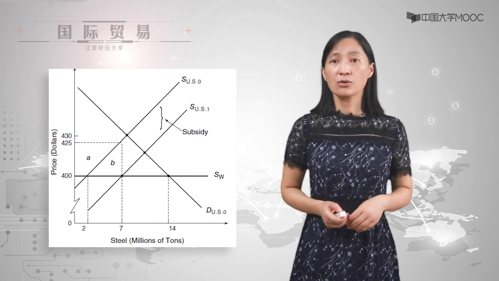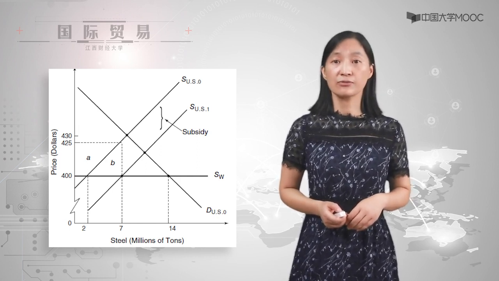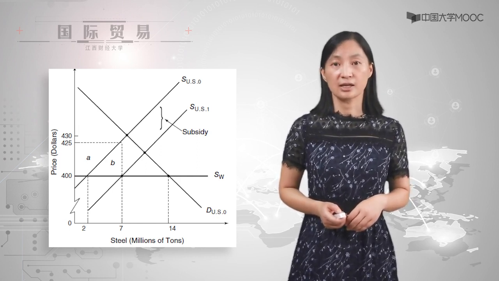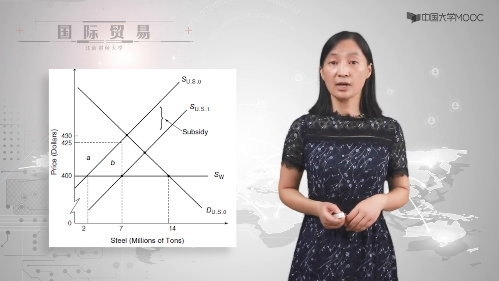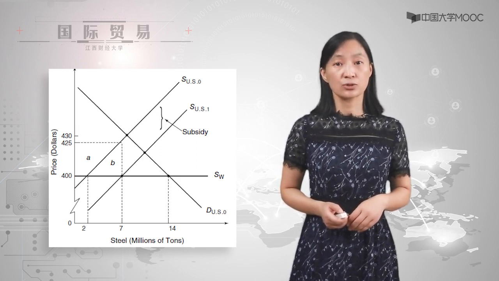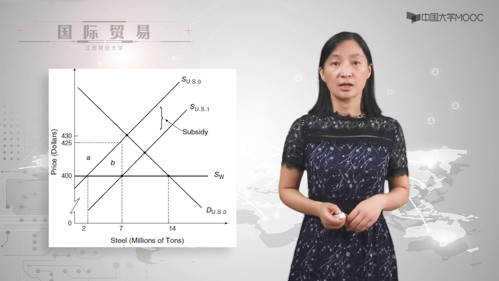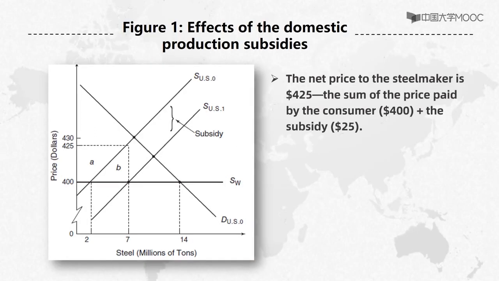The subsidy also affects the national welfare for the United States. The subsidy permits U.S. output to rise to 7 million tons. At this output, the net price to the steel maker is $425. The sum of the price paid by the consumer, $400, plus the subsidy, $25.